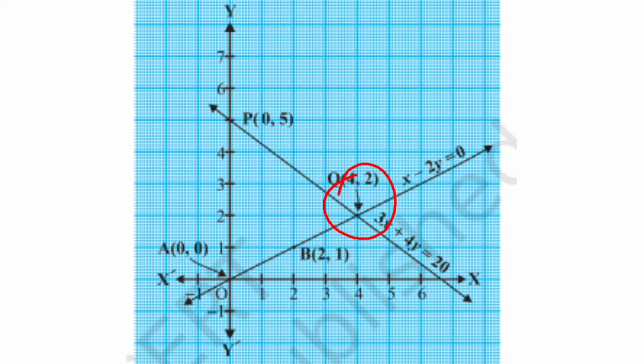You can see from the graph that these two lines intersect at Q, that is 4, 2. So here we are dealing with the geometrical or graphical representation and the algebraic representation of the situation. We are not concerned with the answer of the situation.